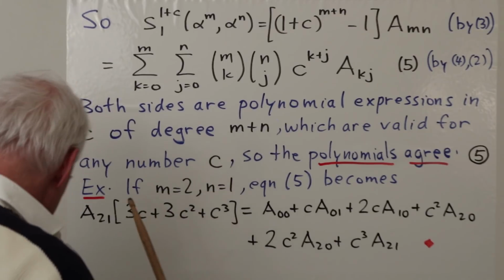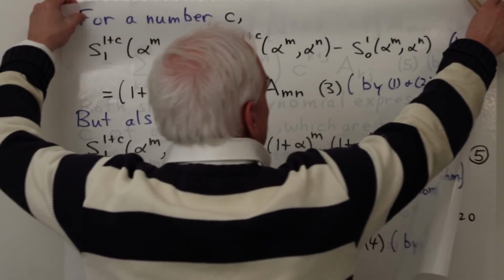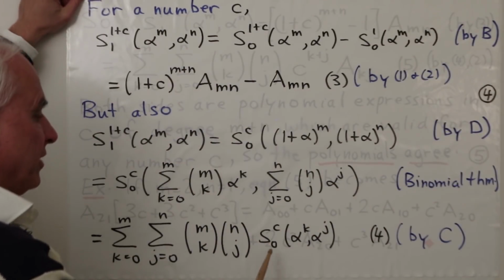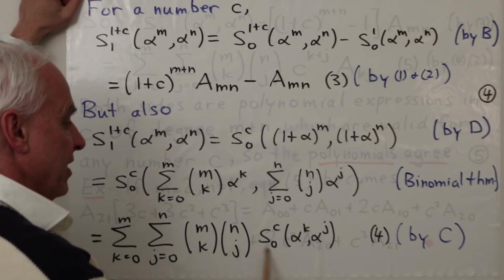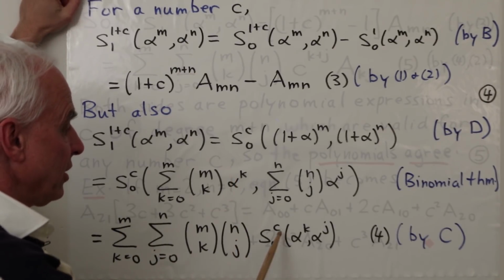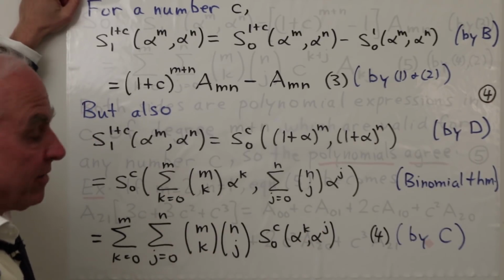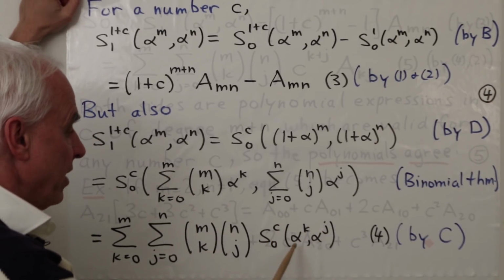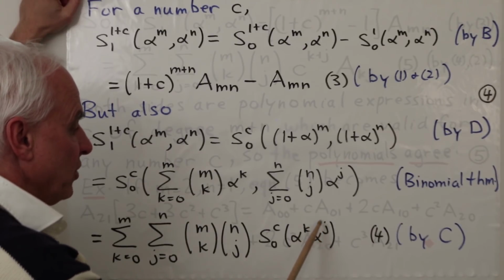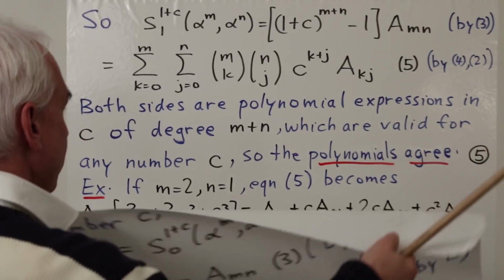Okay, I want to make sure that we understand that. So here is what we just had. We got to this point here, and I'm saying that this quantity can actually be rewritten using property 2 as c to the k plus j times the signed area from 0 to 1 of alpha to the k, alpha to the j, which was a sub kj. Okay, so that's what we're using there.